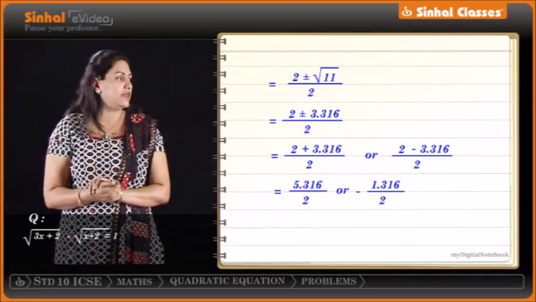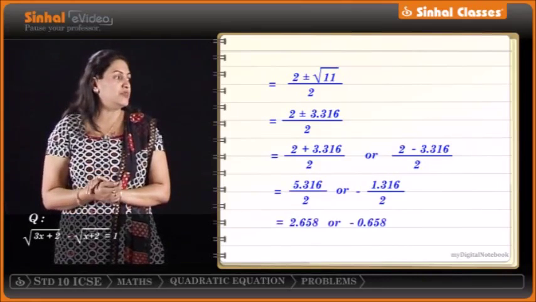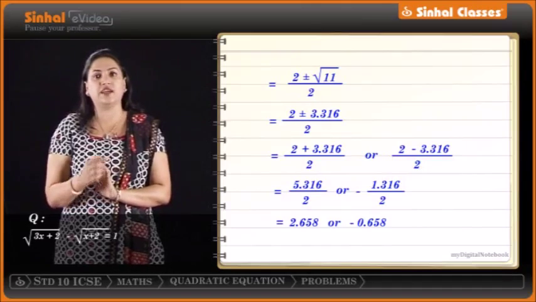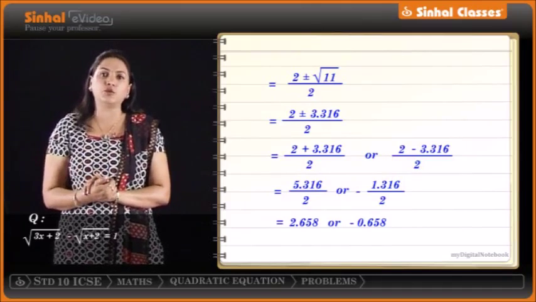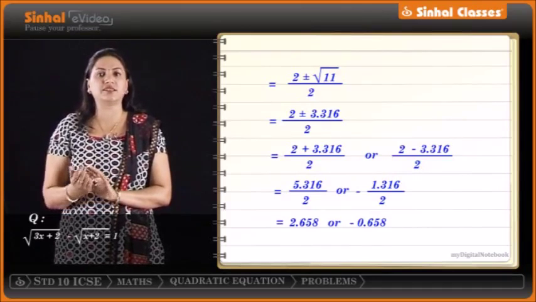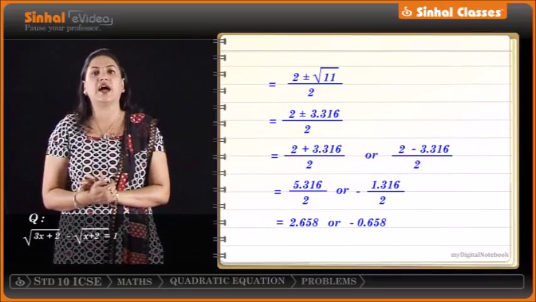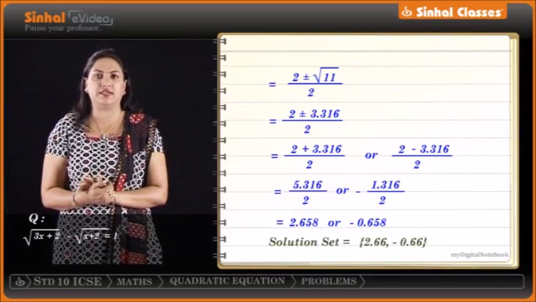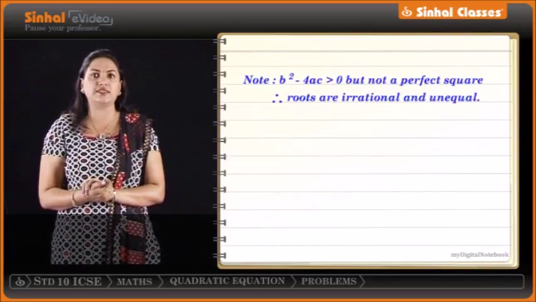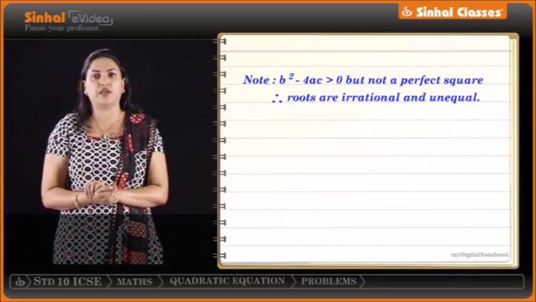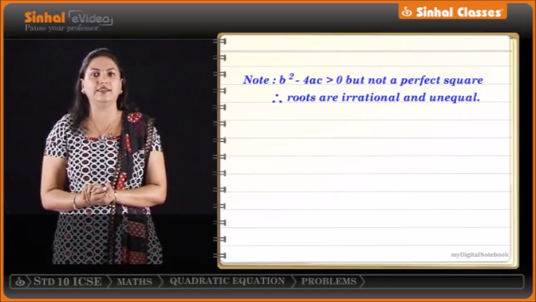Now divide, we get 2.658 or 0.658 with a negative sign. Now we round this off to 2 decimal places to get the solution set as 2.66 and minus 0.66. Now note over here, b square minus 4ac is not a perfect square, so the roots are irrational and unequal.